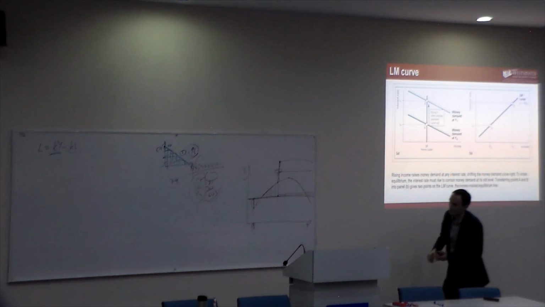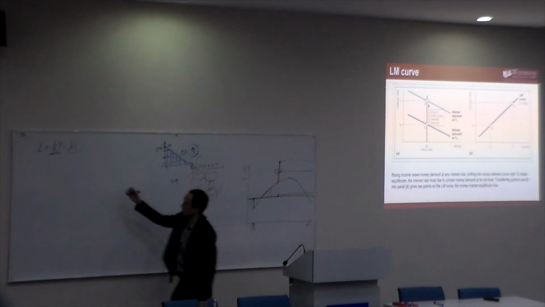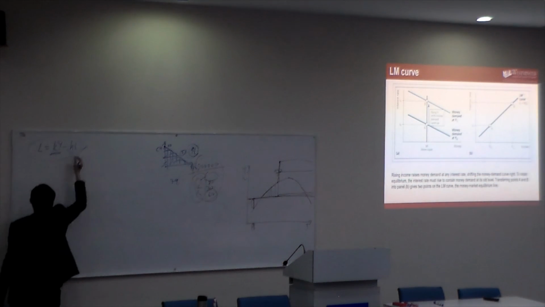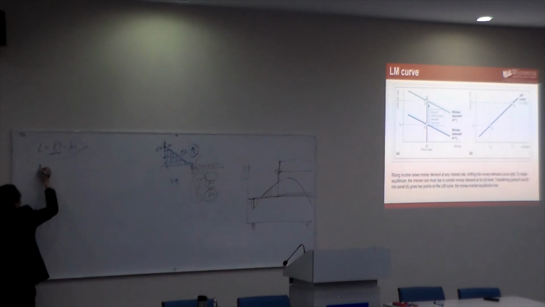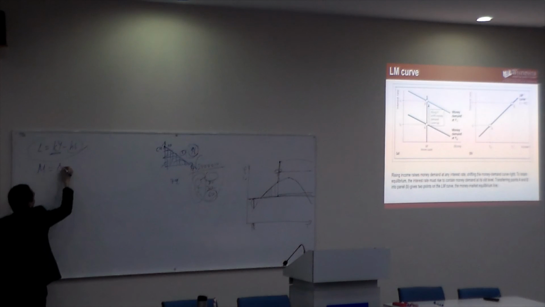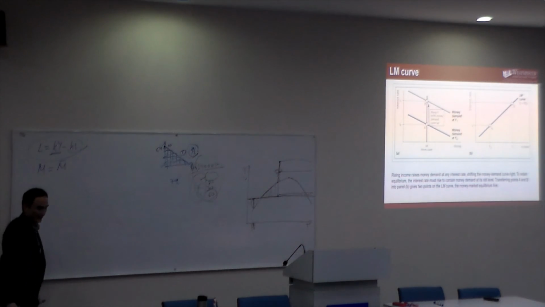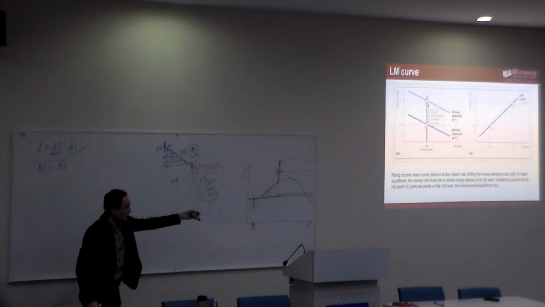Given the demand for money and the money supply, which is constant, the central bank decides it, right?